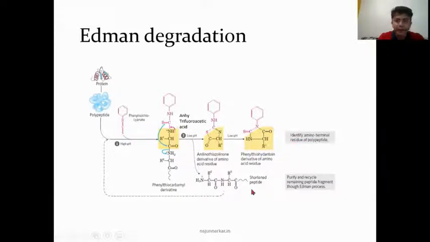Again, the remaining peptide is purified and recycled through the Edman process. This is how sequential removal of the amino acids is done, and the phenylthiohydantoin derivatives of the respective amino acids are then identified through electrophoresis or chromatographic techniques.